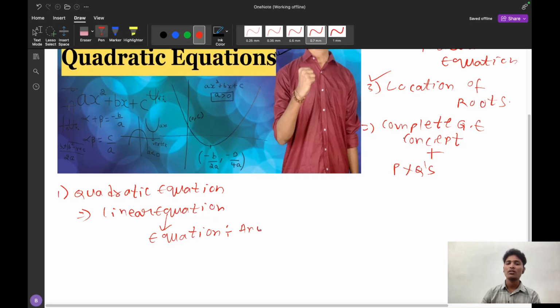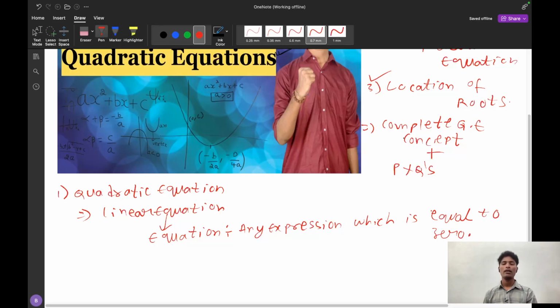Any expression which is equal to 0 is called an equation. It can be easily explained: if it contains an equal to sign and is representing something, yes, it is an equation.